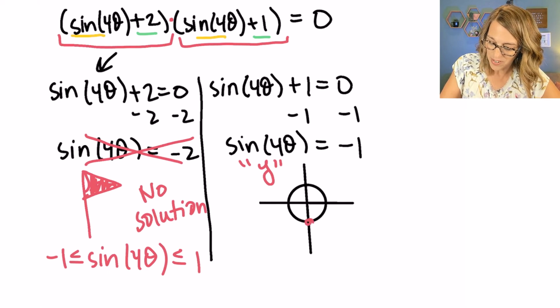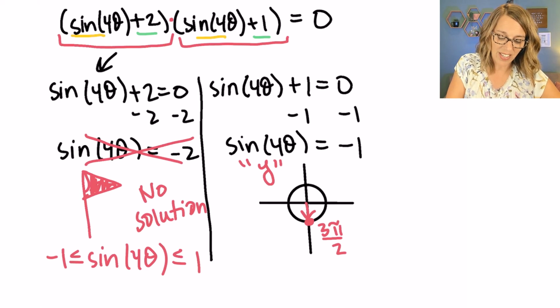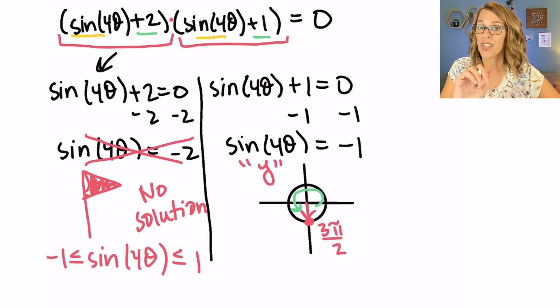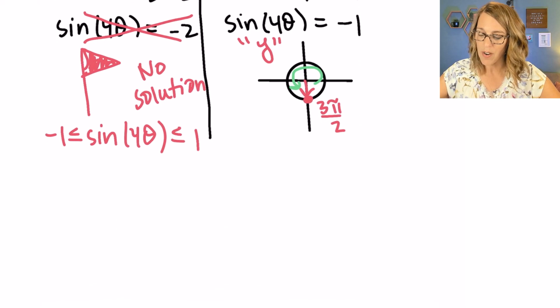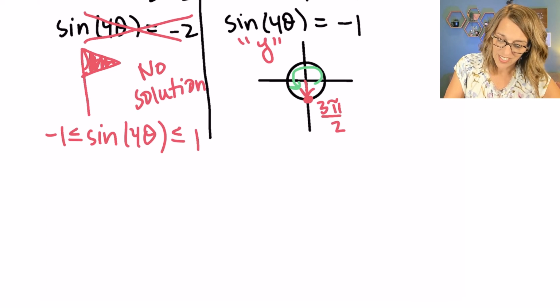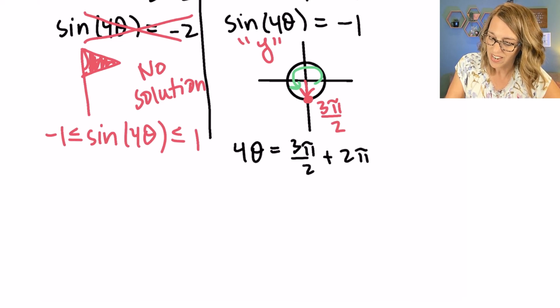And that's going to happen right straight down here at 3 pi halves. This is the only place. So I can take that 3 pi halves and then add and subtract multiples of 2 pi. So this is going to give me the solution for 4 theta. So I have that 4 theta is equal to 3 pi halves plus 2 pi n.